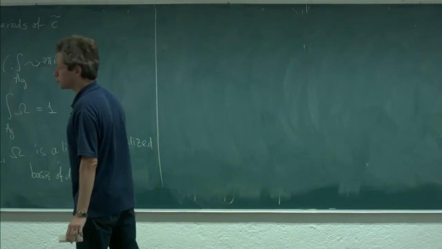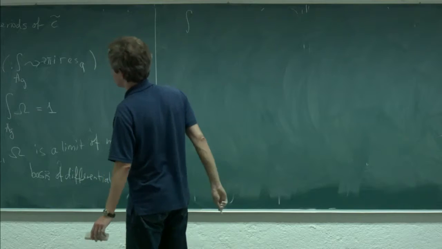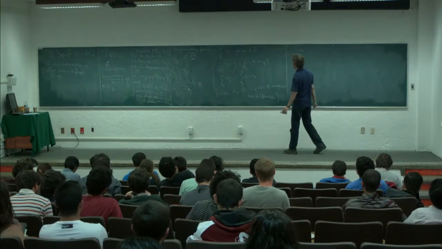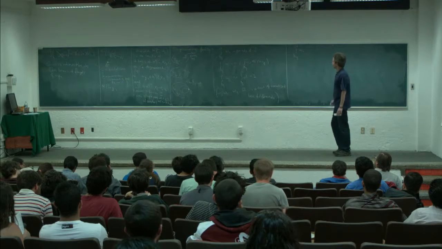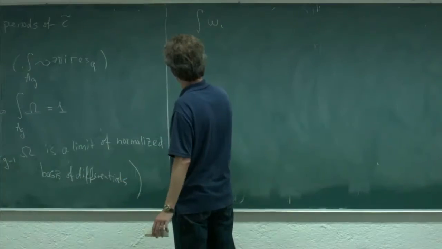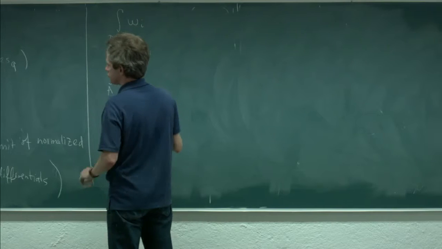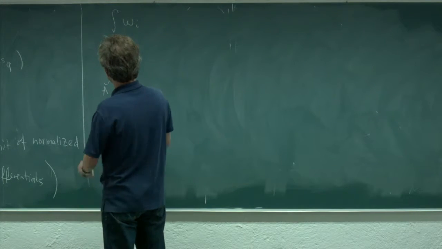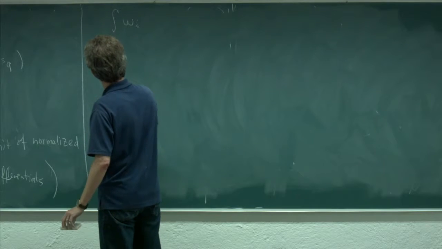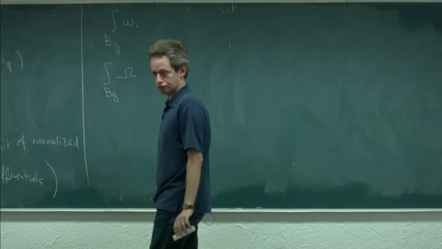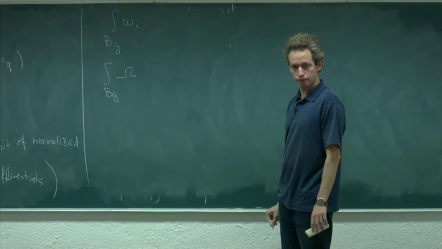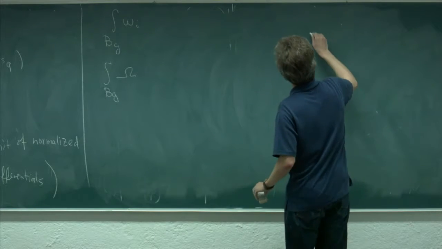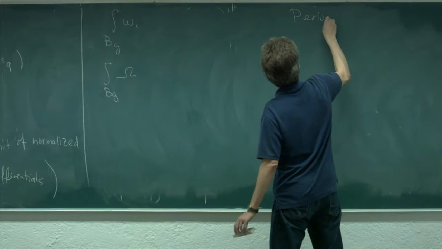So if I want to compute the period matrix, what remains to compute are the integrals over b_g of omega_i, and more interestingly, the integral over b_g of omega. Okay? So the period matrix of the curve C has the following form.